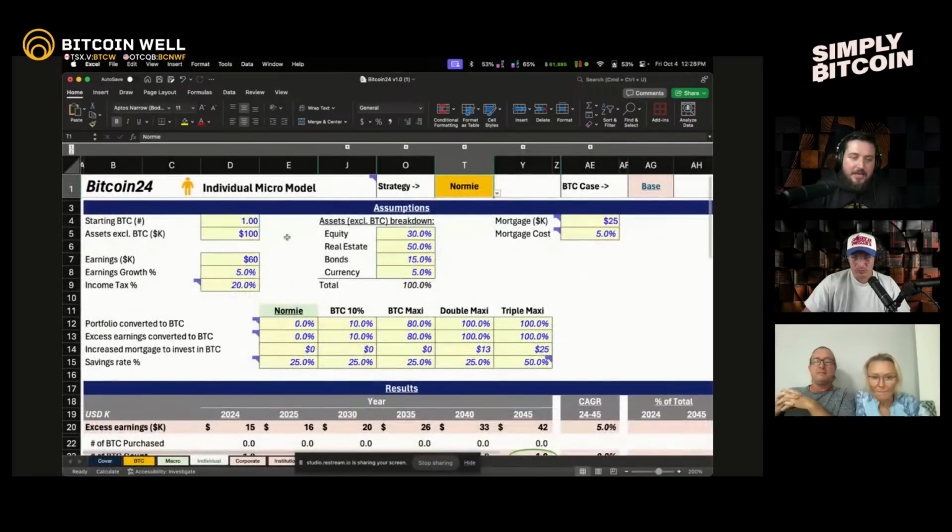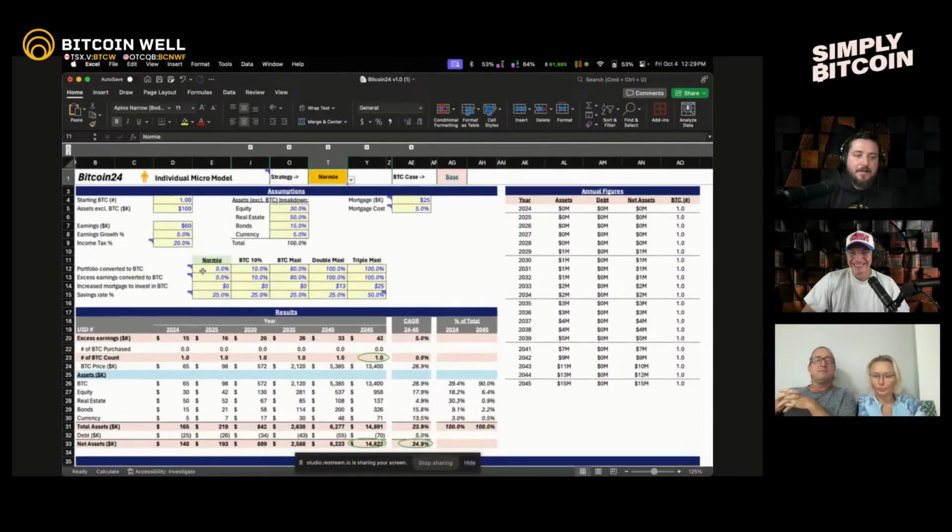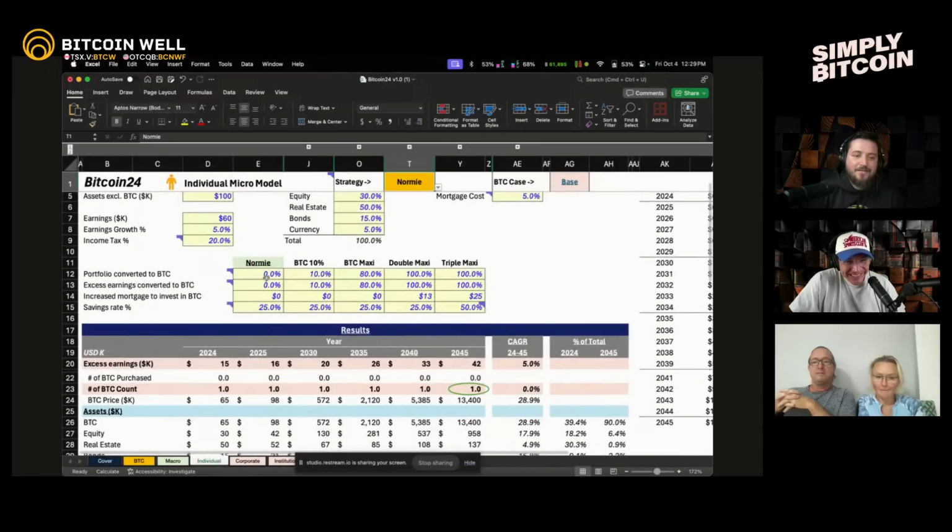So you can plug in different numbers based on what your strategy is, and I'll break it down for you guys. So you have the normie strategy. The normie strategy is essentially that they have 0% of their portfolio converted to Bitcoin, excess earnings 0%, and their savings rate is roughly 25%. A BTC 10% is someone who converts 10% of their portfolio to Bitcoin, excess earnings 10%.